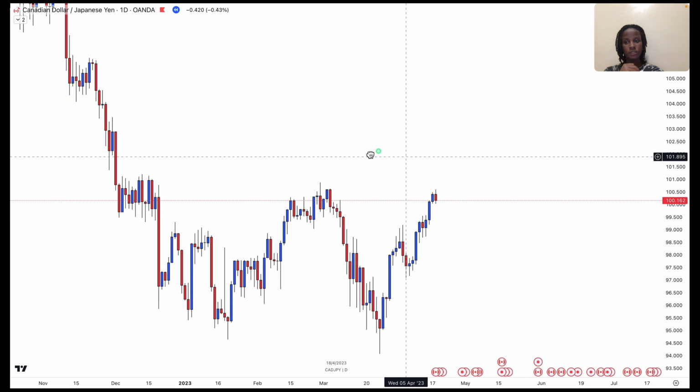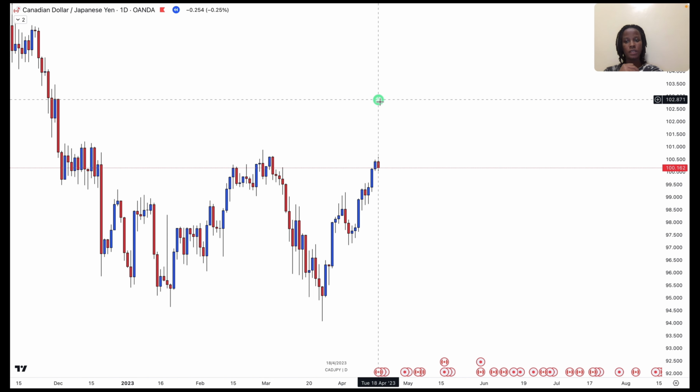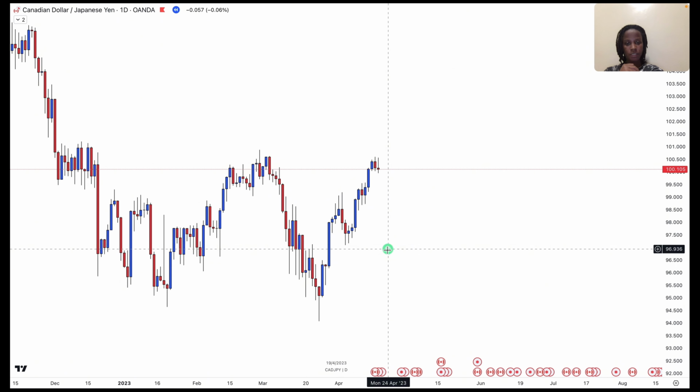By the looks, 19th April is not a valid day to trade because the previous candle actually closed bearish. Let's see if the following day after 19th April is going to be a valid day. If you check here, this candle actually also closed bearish, so we'll not be looking to trade on the 20th April of this month. Let's see if 21st April is a valid day to trade.